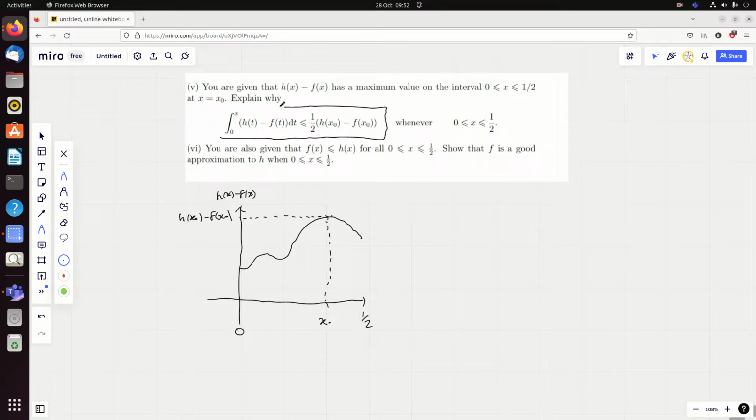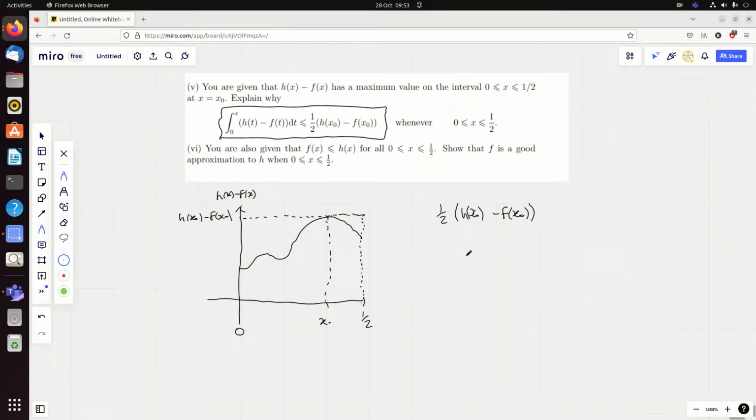Once you've got that, this result is actually rather obvious. What do I mean by that? Well, let's draw a little rectangle. The area of the rectangle is clearly a half times h of x0 minus f of x0.